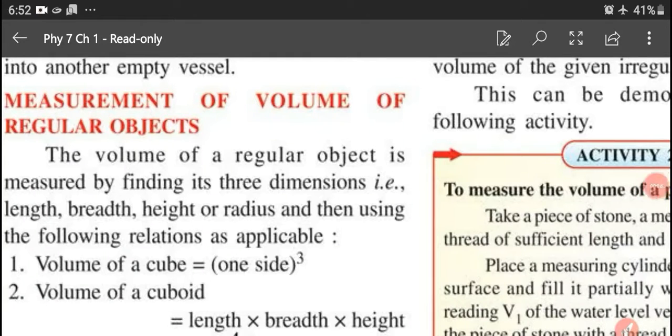Please take out page number 5, heading measurement of volume of regular objects.